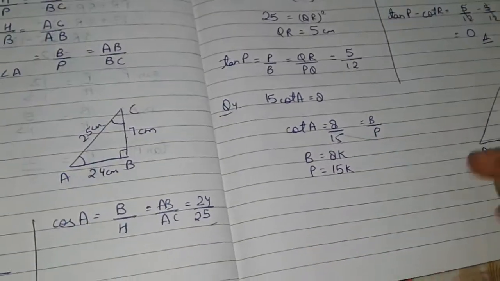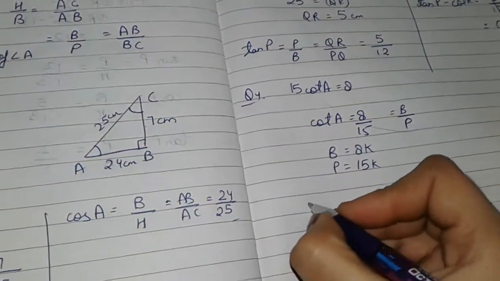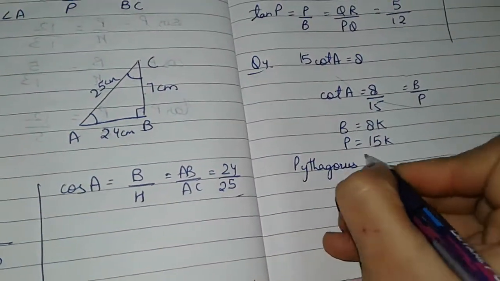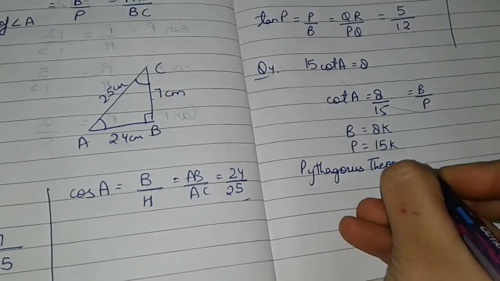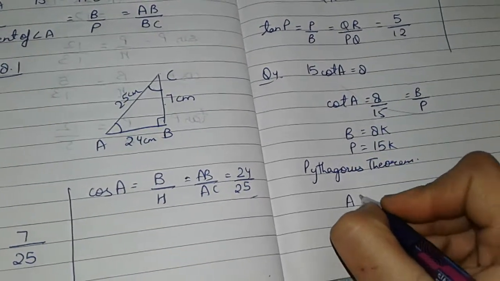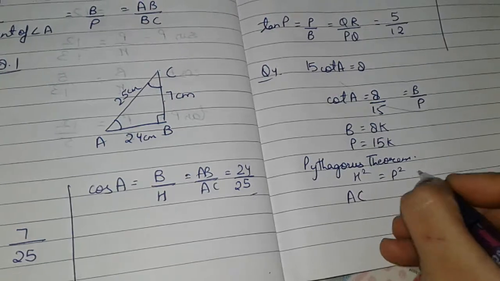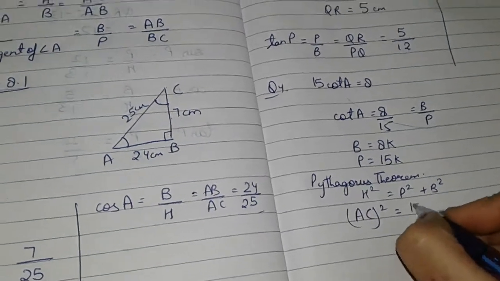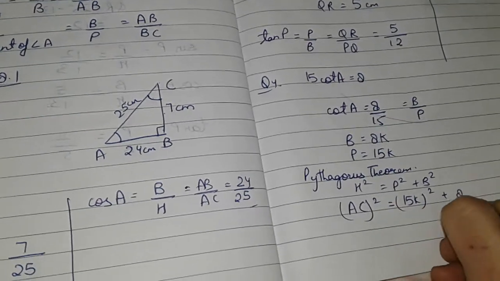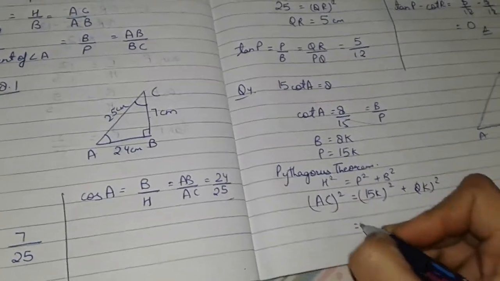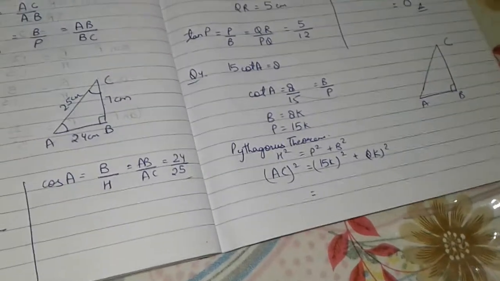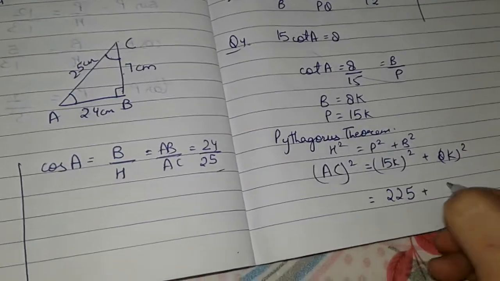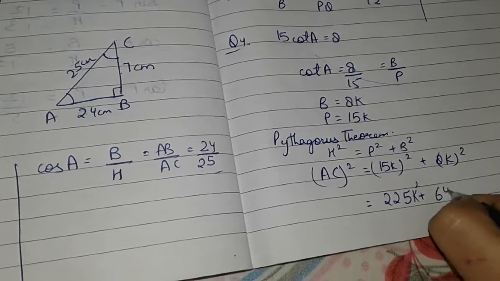Okay, I am calculating hypotenuse by using Pythagoras theorem. Pythagoras theorem, h square is equal to p square plus base square. H is AC, so AC square is equal to perpendicular 15k square plus base 8k square. 15 square is 225 plus 64k square.